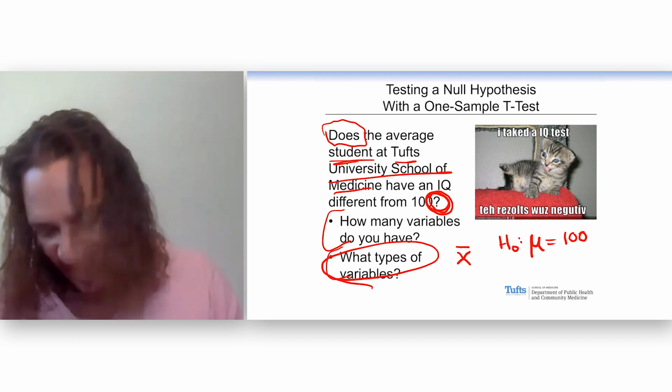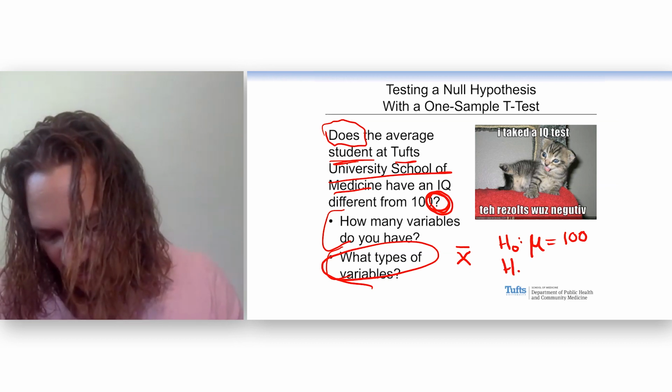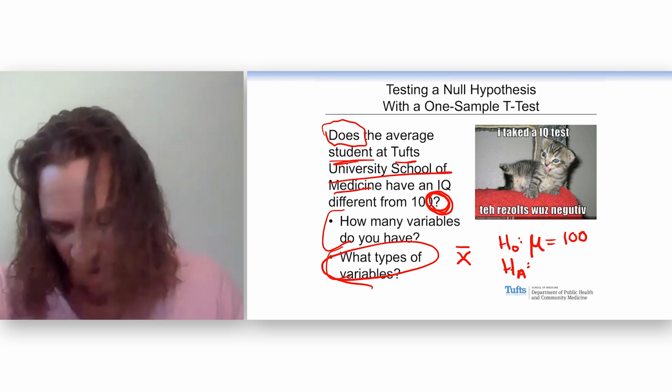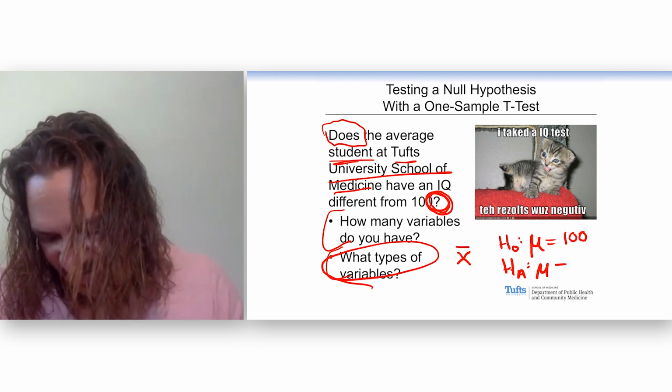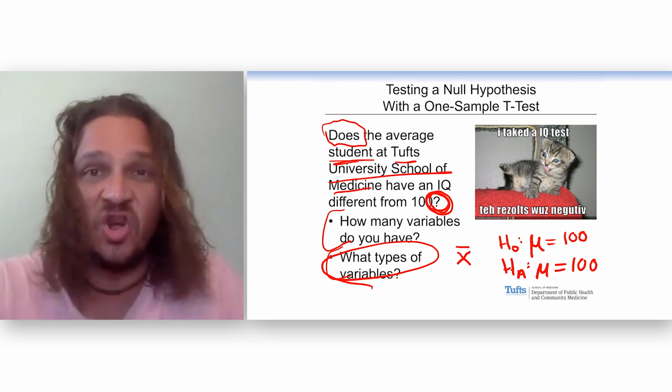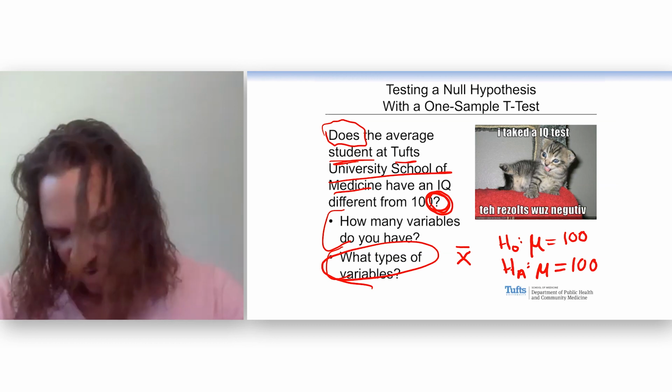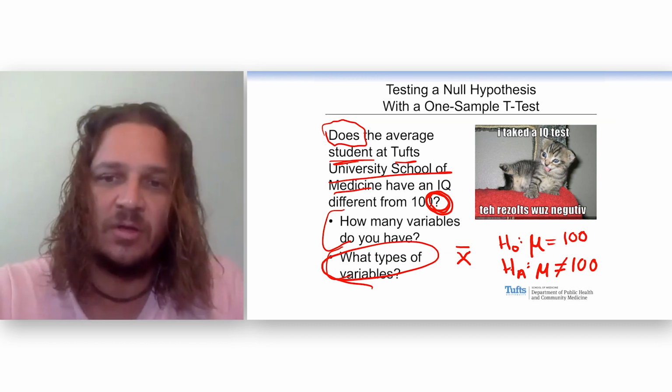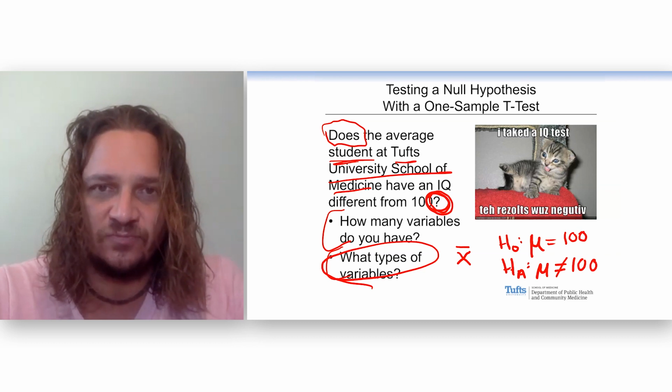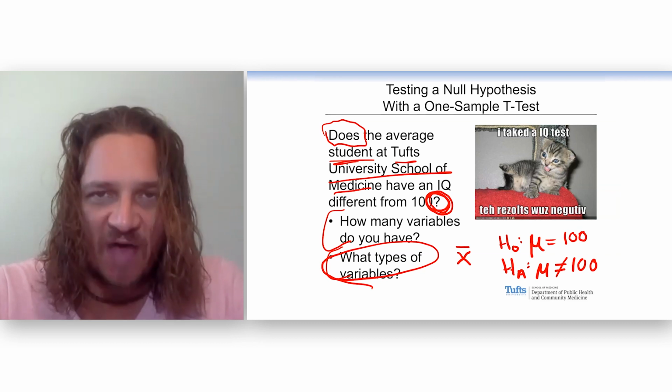And then the alternative hypothesis would be simply not the null, right? So if the null is it's equal to 100, the alternative would simply be not the null.